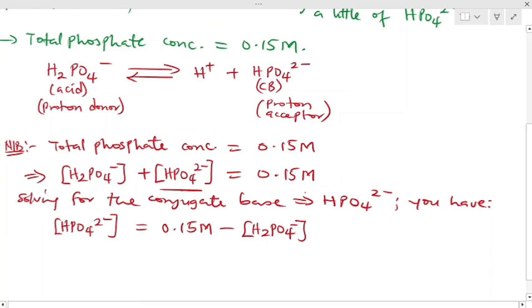So, writing the Henderson-Hasselbalch equation.